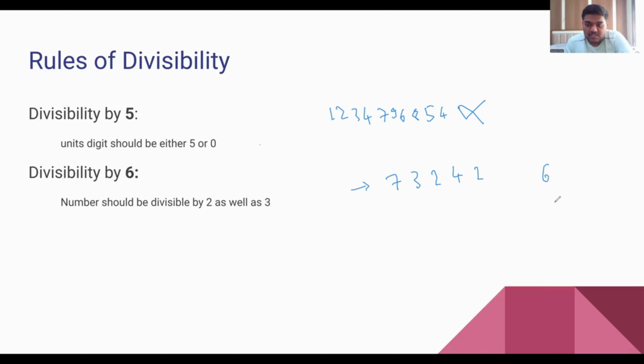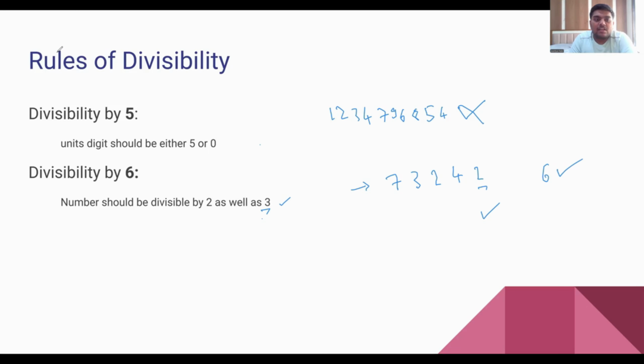For divisibility by 2, the units digit should be even. It is even. And for divisibility by 3, the sum of digits should be a multiple of 3: 7 plus 3, 10. 10 plus 2, 12. 12 plus 4, 16. 16 plus 2, 18. It is also a multiple of 3. So it is divisible by 3 as well. So divisibility by 6 is valid.